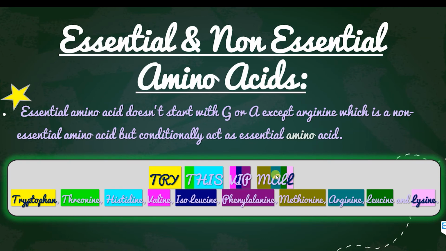M for methionine. A for arginine. L for leucine and L for lysine. So these are the essential amino acids you can learn. Other than that, if in an MCQ option something else is given, you can simply say that if it is not in this list, it will be a non-essential amino acid. Hope you got it. Just learn this and it will help you in MCQ questions.